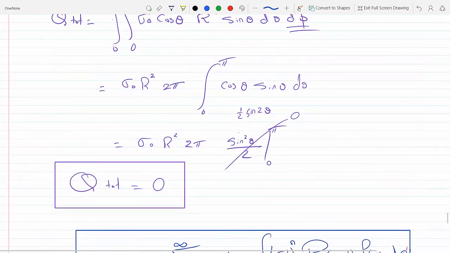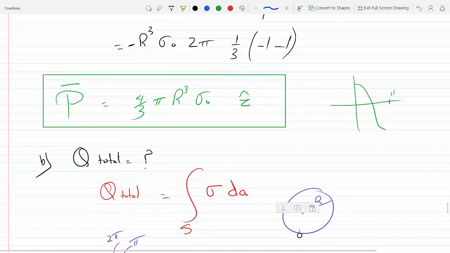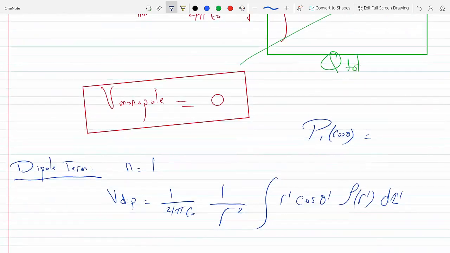On the previous part before this one, we found out what the dipole moment is. It was this, correct? And this one turned out to be r cosine theta.